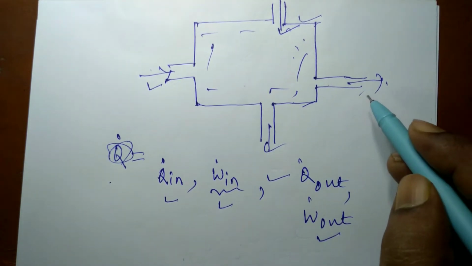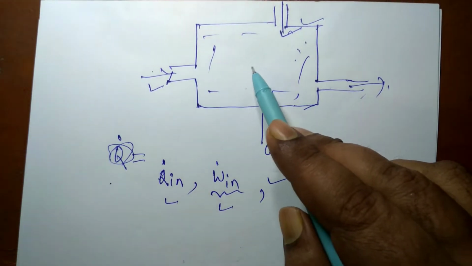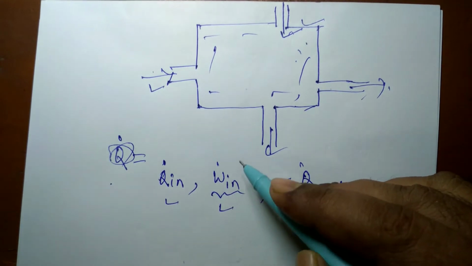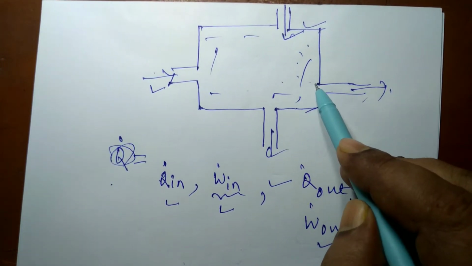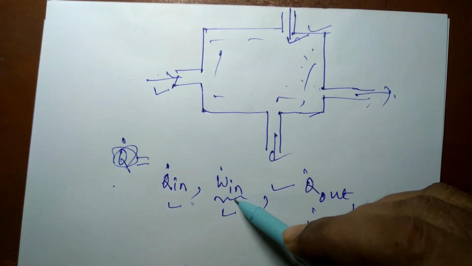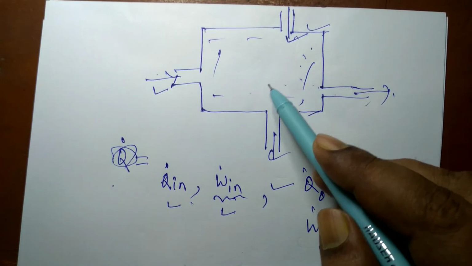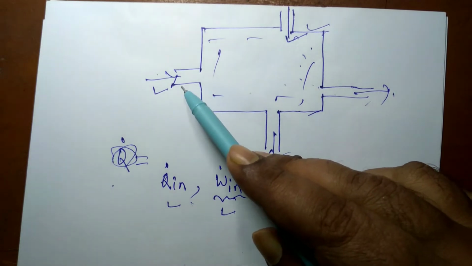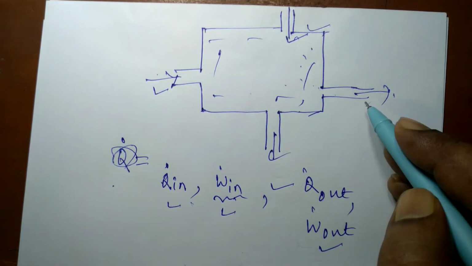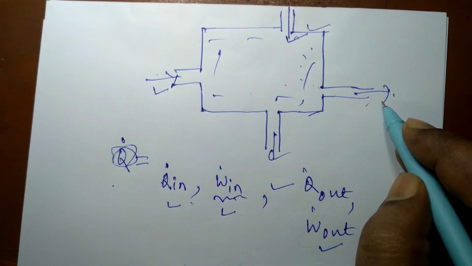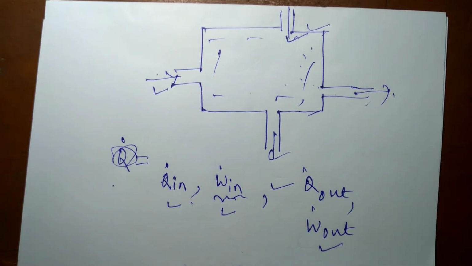We have to take that into account. So in a closed system only heat and work interactions are there, but in an open system, along with Q and W, some energy transfer can also take place with the mass, either while entering or leaving the control volume.